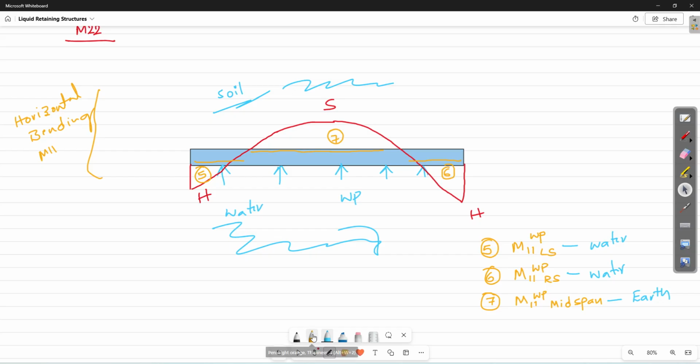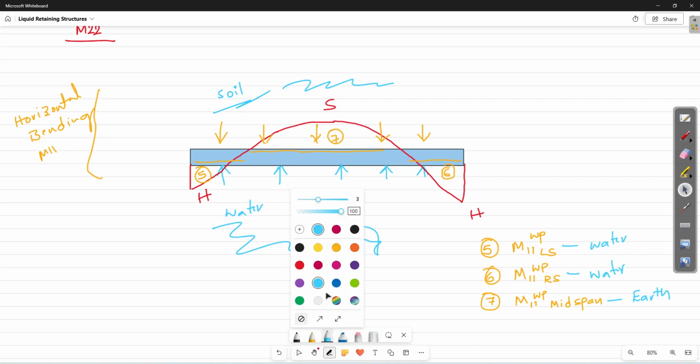Okay, you assume you have soil pressure from outside. So your bending moment diagram, it will look like this.